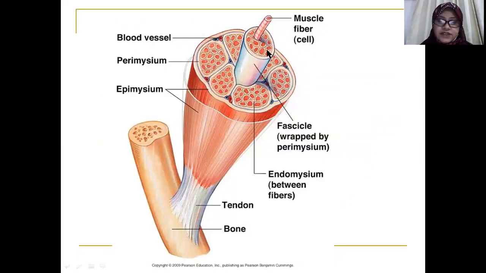There is another picture where we can see muscle fibers surrounded by endomysium, fascicles surrounded by perimysium, and the whole muscle surrounded by epimysium.